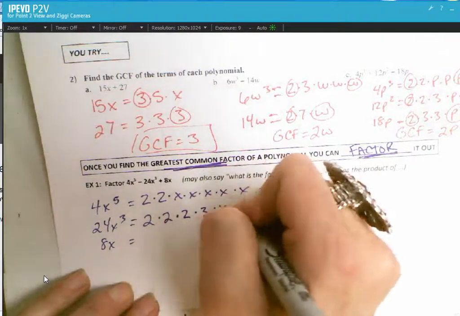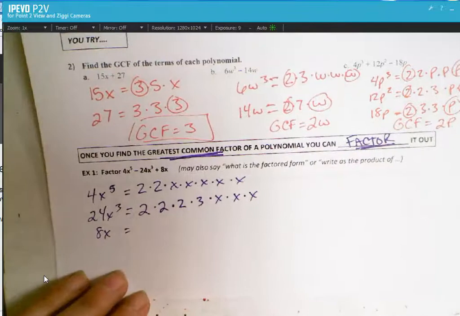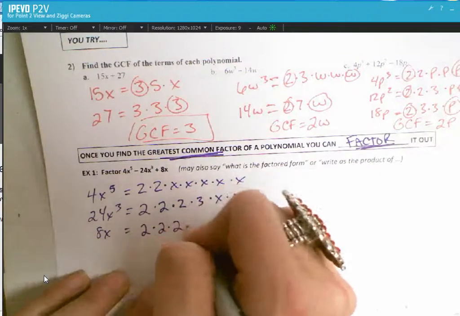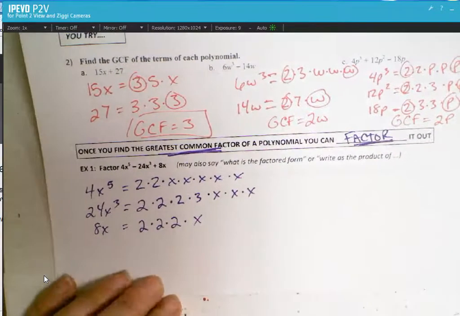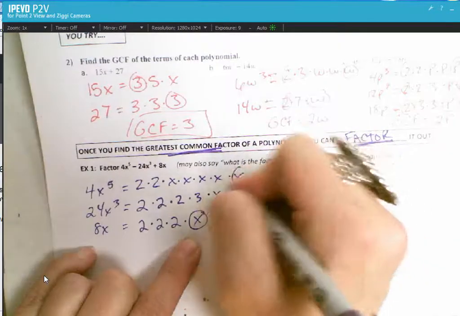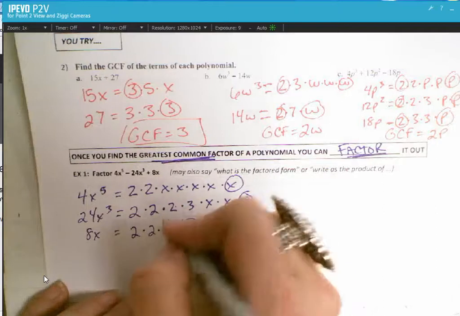Then we have x times x times x. If you are stuck on prime factorization, you need to come see me because you should already know how to do that. 2 goes in there times 4, but 4 itself can be chunked into 2 times 2, and we have 1x. We look for one variable, so there is an x in all of them, so we're good there. There is a 2 here, a 2 here, 2 here, sweet.